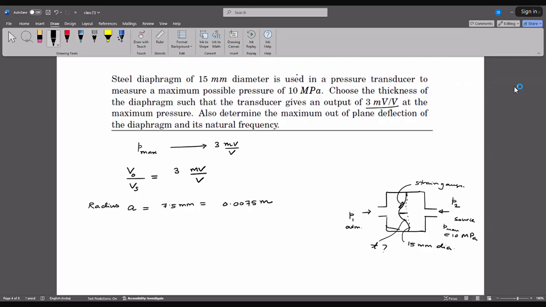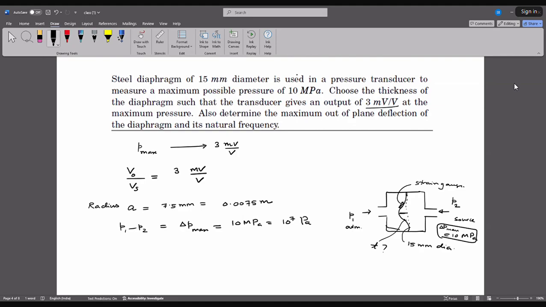And the maximum possible pressure, that is across the membrane, P1 minus P2, basically delta P maximum, is 10 megapascal, which is 10 to the power 7 Pascal.